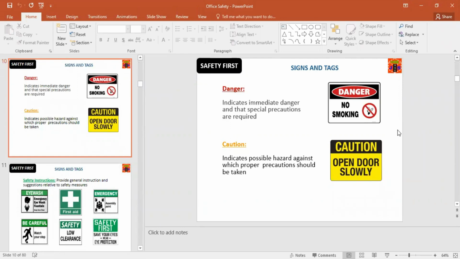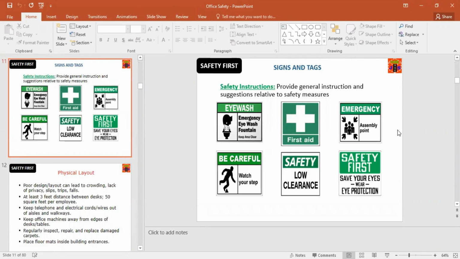Similarly, there are some signs of caution, which indicate possible hazards against which proper precautions should be taken. There are a few safety instructions in the offices and the workplaces.